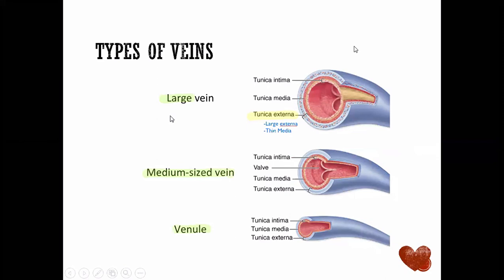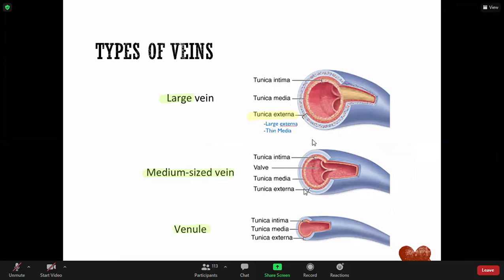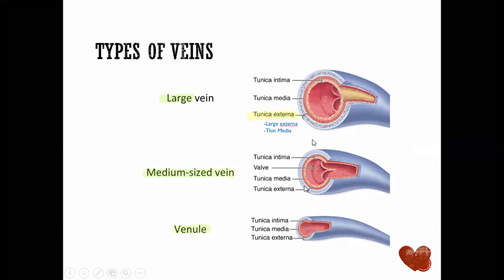Types of veins. Again, we have your large vein. The tunica externa is thick, and there is a thin media. That is your large vein. The medium-sized vein has both, but the externa is not that large, and your media is not as thin compared to your externa, unlike this one that is thin while this is very large.